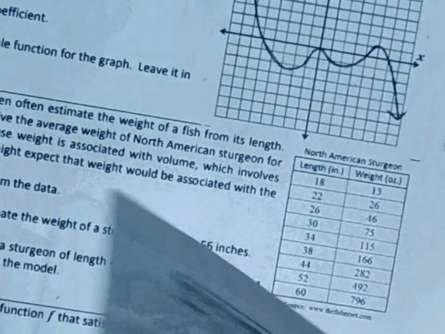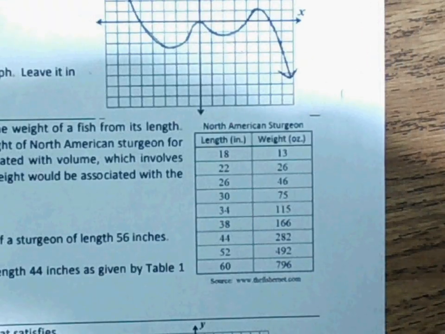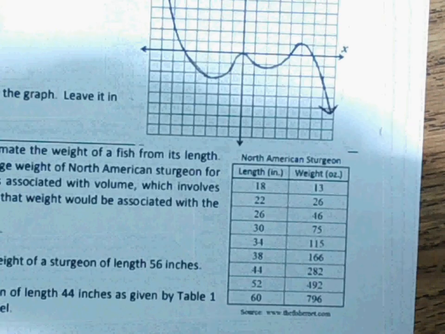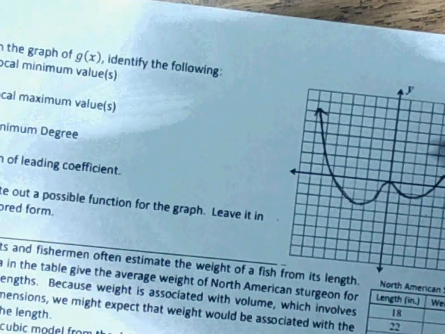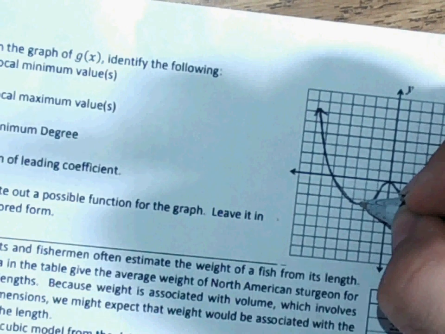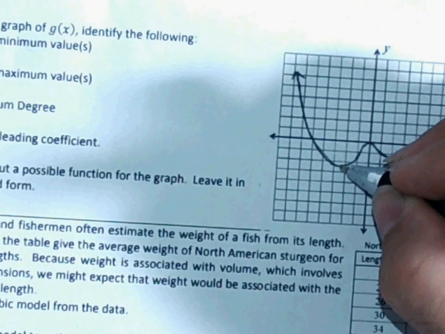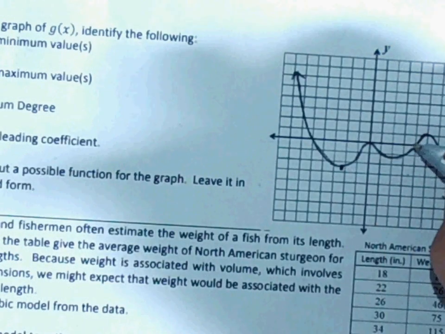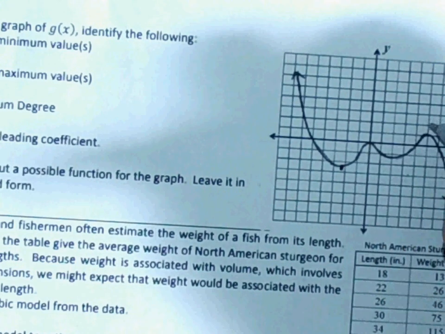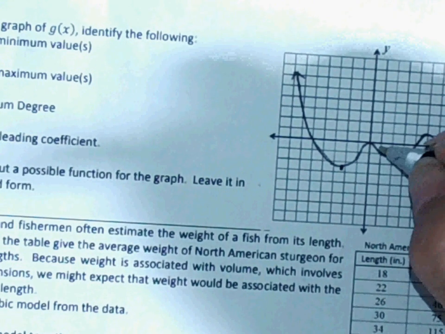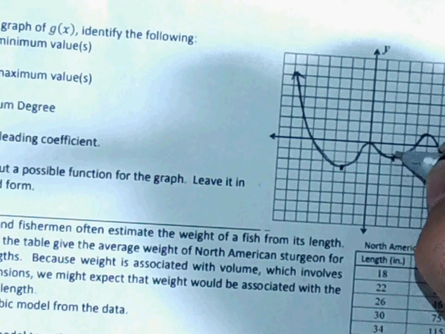Now we go look at 18. Given the graph of g of x, identify the following local minimum values. Okay. So looks like we have a local minimum right here, more or less, and then a local minimum right here, more or less.